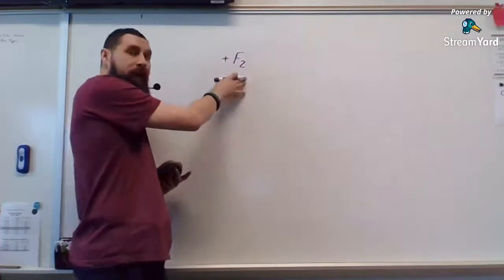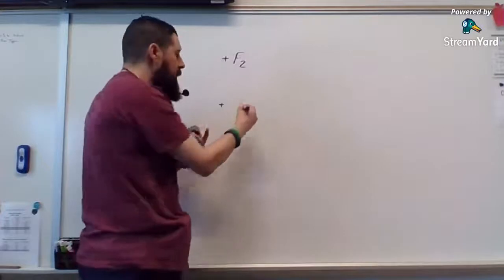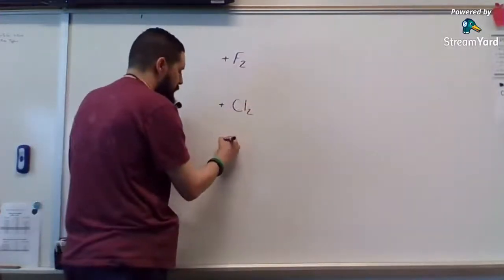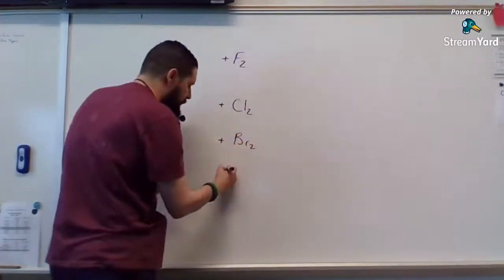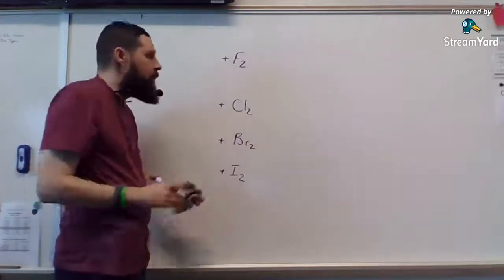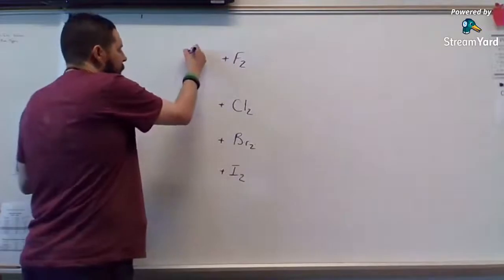So my metal reacts with fluorine, F2. If I'm reacting it with chlorine, that's going to be Cl2. If I react it with bromine, that's Br2. And if I react it with iodine, that is I2. Okay? So let's take a look real quick at how this works.